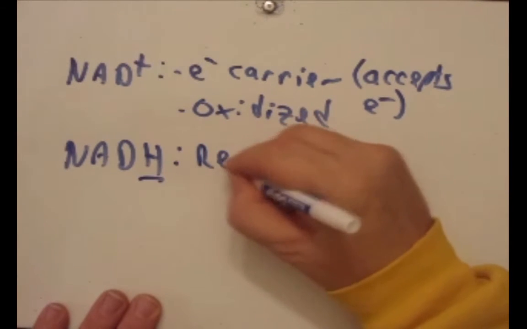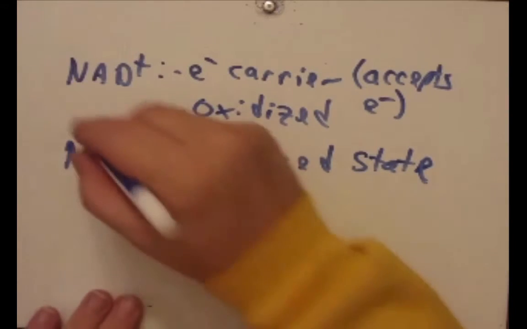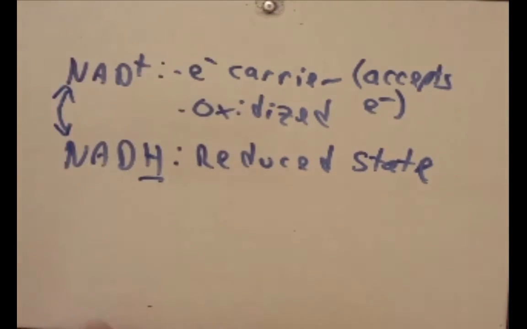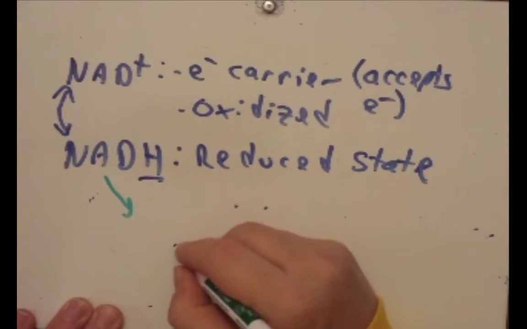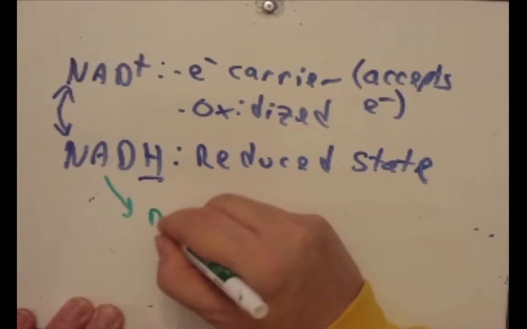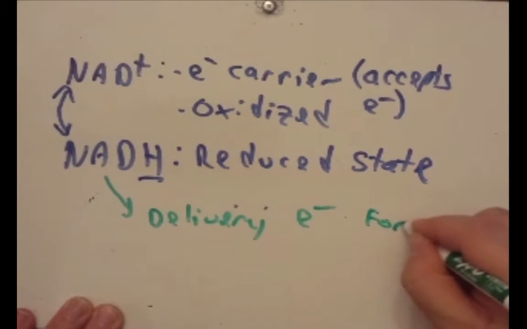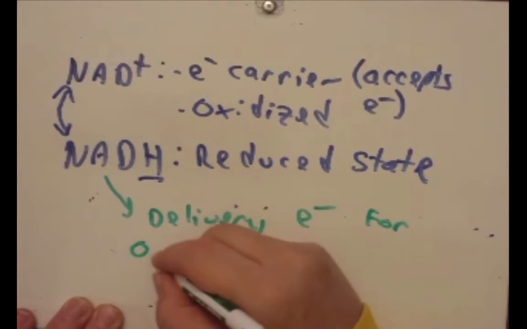And it is the reduced state. And it's fairly easy for these two molecules, NAD plus and NADH, to go back and forth. It is this reduced form that is critical in delivering electrons for oxidative phosphorylation.